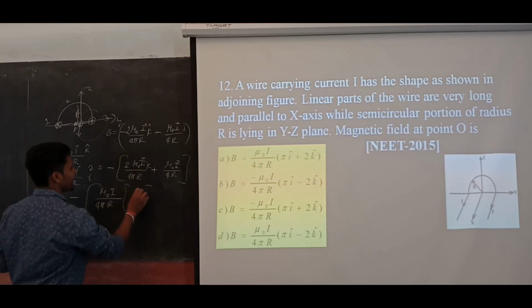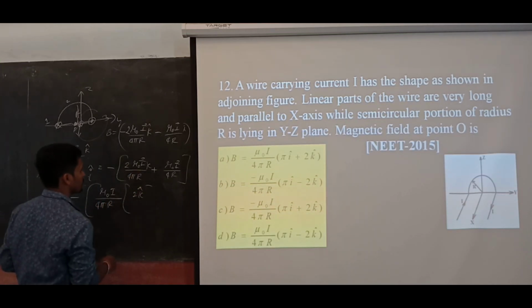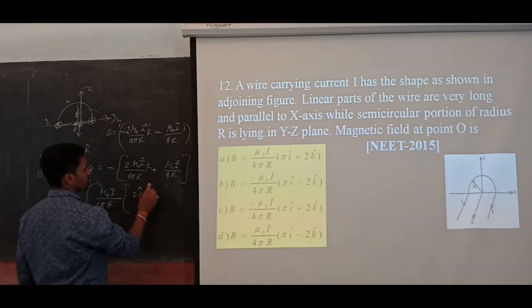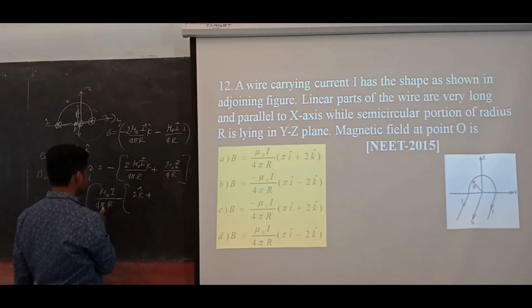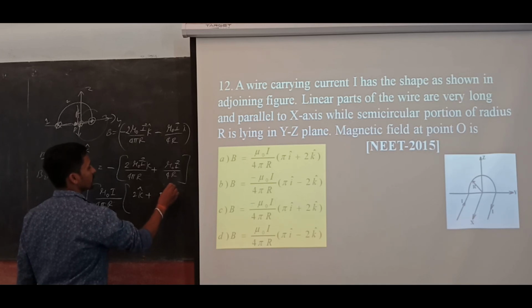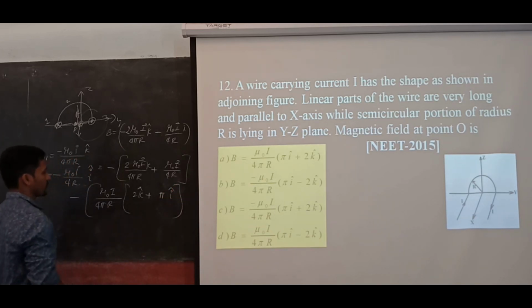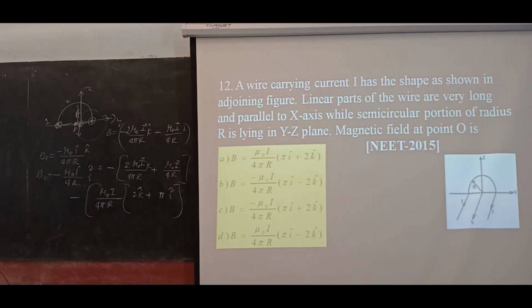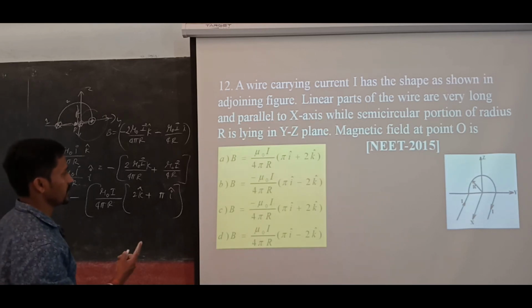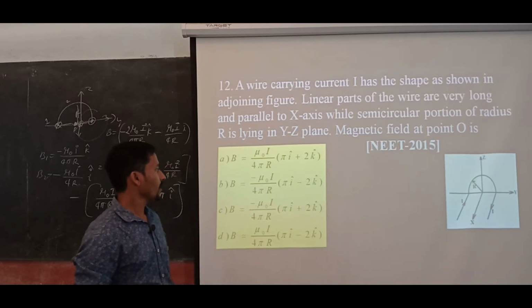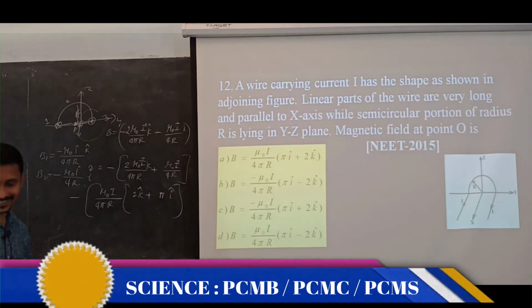So what happens? k is remaining, 2 times k, plus pi is taken out, so pi into i cap. Isn't it simple? Minus mu naught I by 4 pi r into pi i plus 2k. The option will be C.